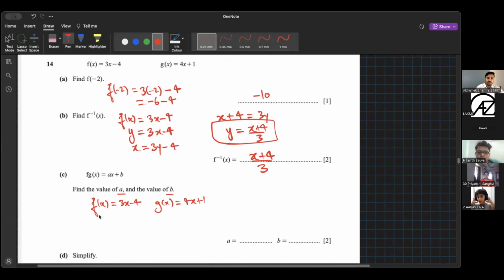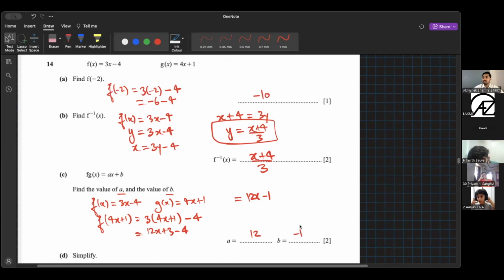We have to find f of g of x. That means f of 4x plus 1 instead of x. So 3 times (4x plus 1) minus 4 separately. So 4 3s are 12x plus 3 minus 4. This will become 12x minus 1. So a is 12 and b is negative 1. Done?